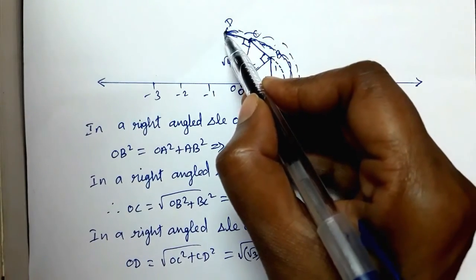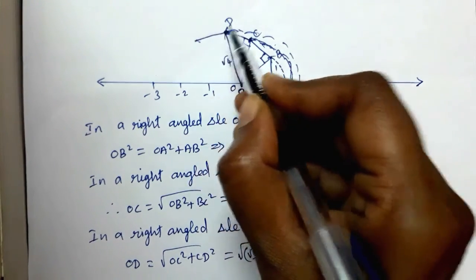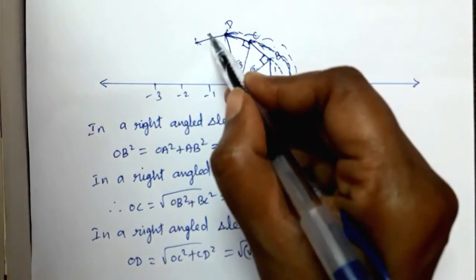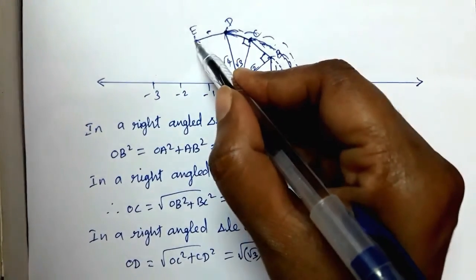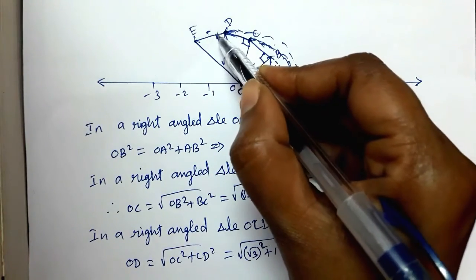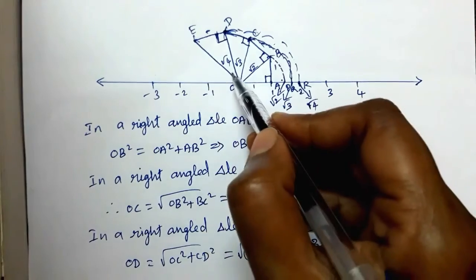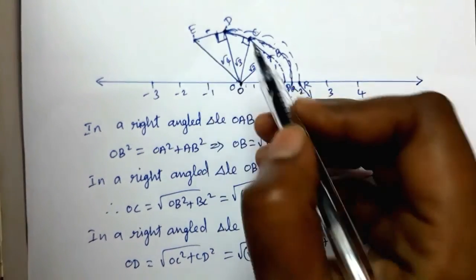Now draw a perpendicular line. After that, cut 1 unit. Now name this point E and join E and O. It is a right angle triangle. The hypotenuse is OE, and the other two sides are OD and DE.